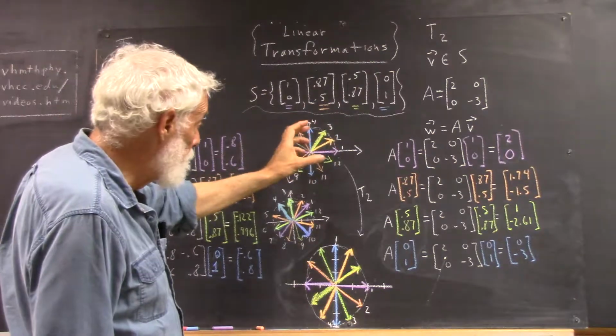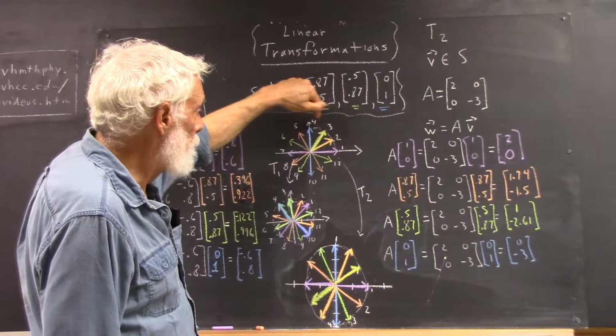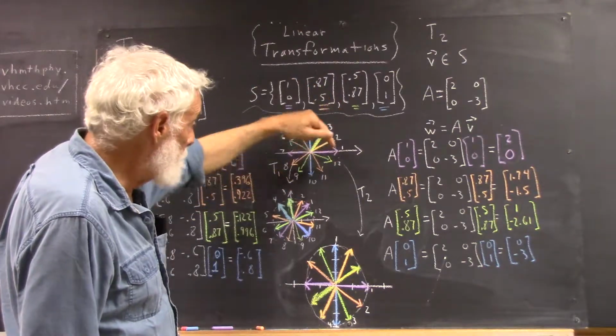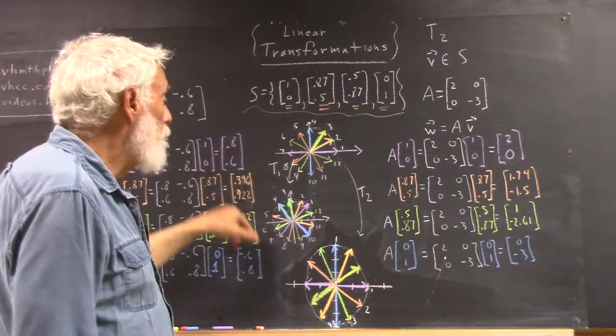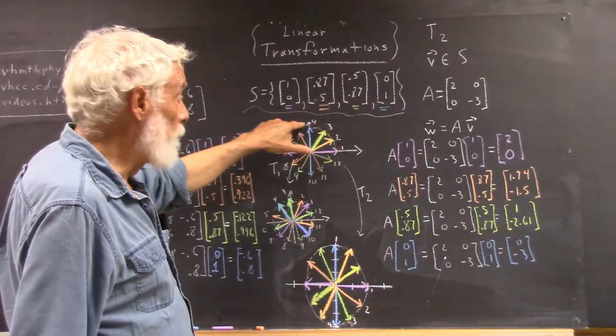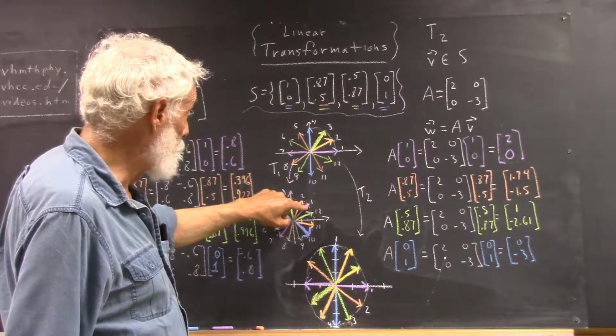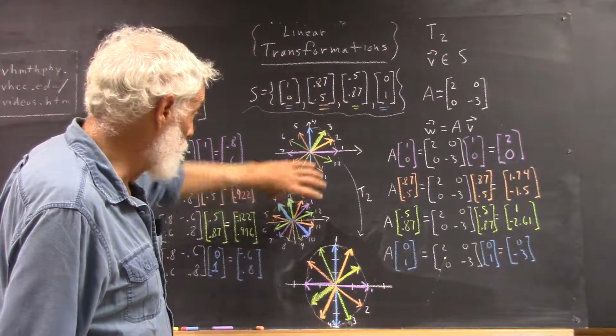They were rotated, but if we go from vector 1, 2, 3, 4, the images of those vectors, down here 1, 2, 3, 4, go in the same direction around the circle. They move counterclockwise here, and 1, 2, 3, 4 move counterclockwise here. And that continues all the way around the circle.